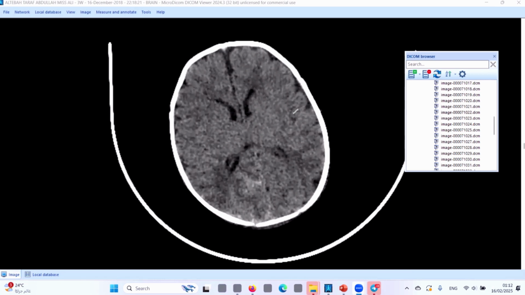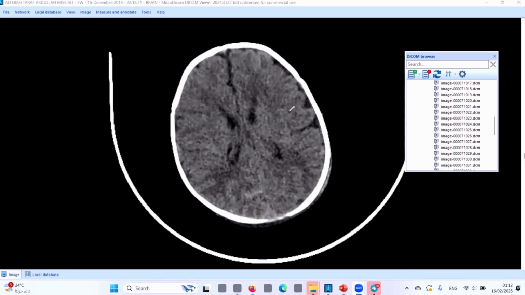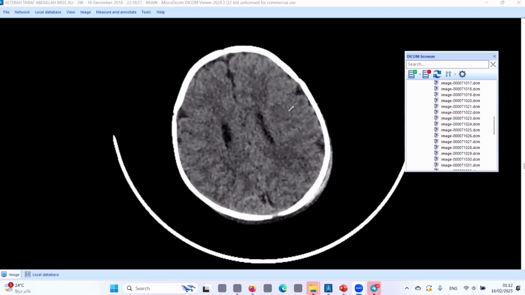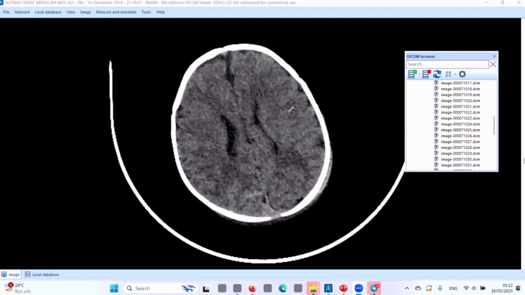We'll find smearing of the cortical sulci by this blood density. Sometimes it's difficult to pick up, but you should search for any subarachnoid hemorrhage. This is an example of localized subarachnoid hemorrhage at the right parieto-occipital region.